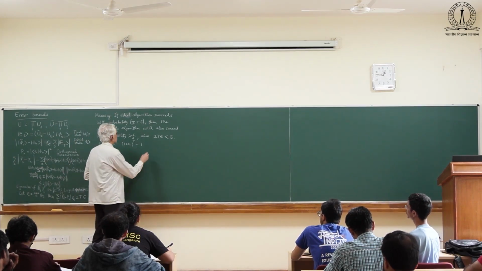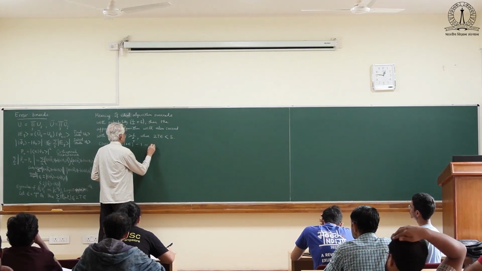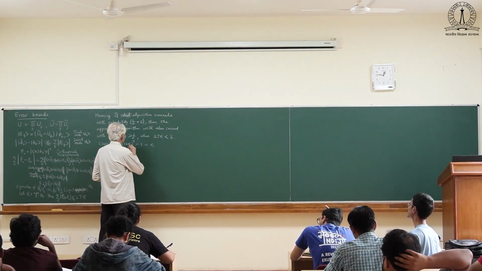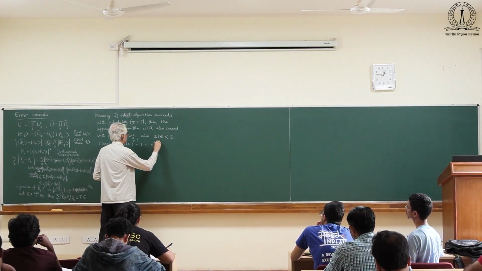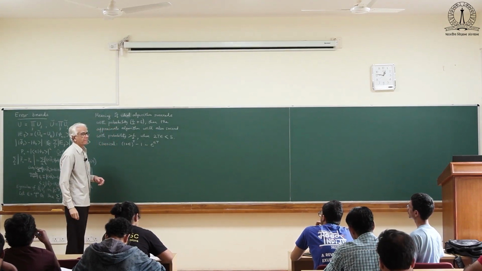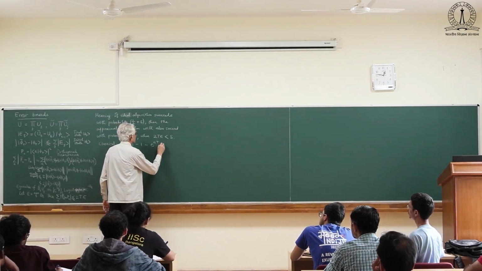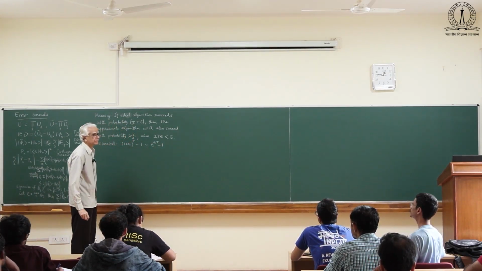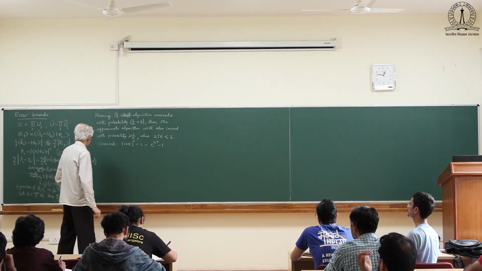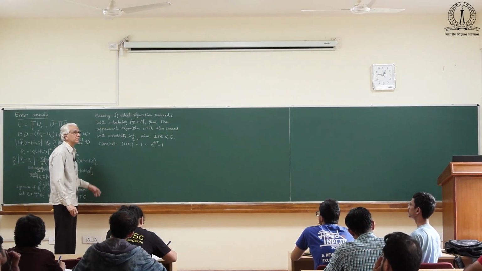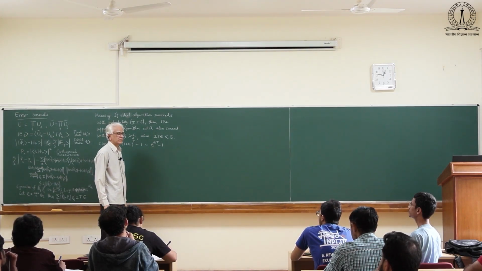And this object behaves like e raised to epsilon times t. Even if epsilon is some small number, say 1% or something like that, t is sitting in the exponent.